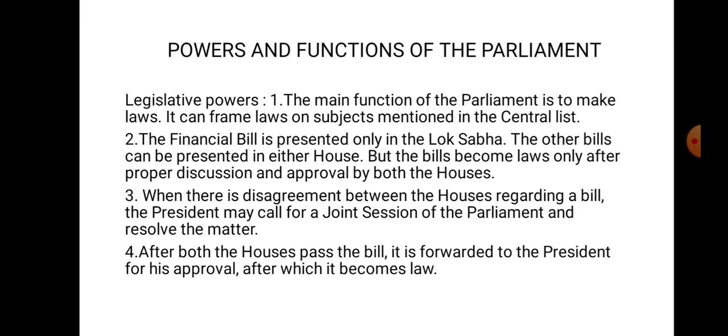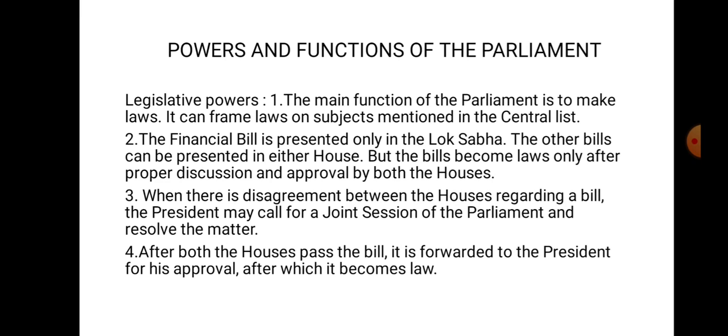Suppose a clash takes place between the union and the state, the voice of the central government prevails. So education was in the state list, now it has been transferred to the concurrent list. So that is why we have to follow the rules made by the central government as well as the state government.